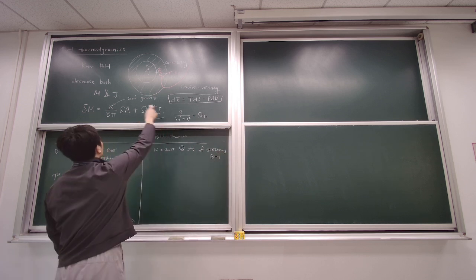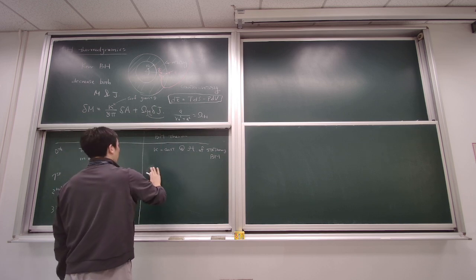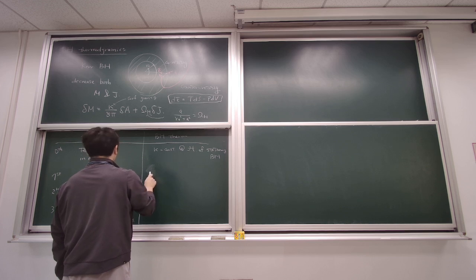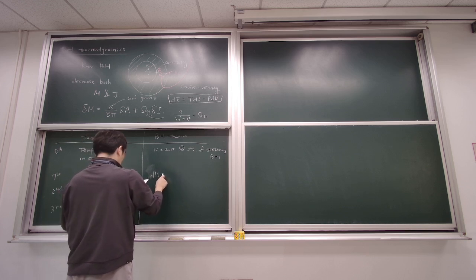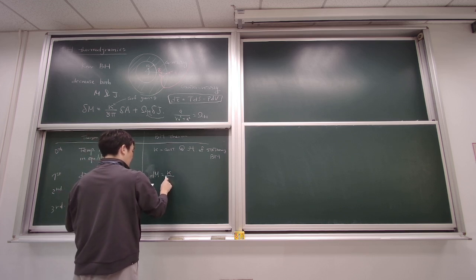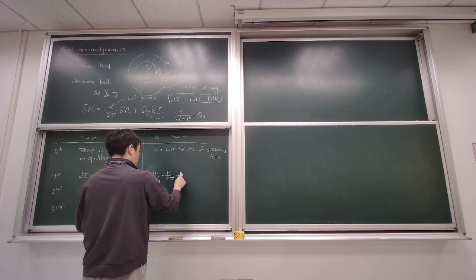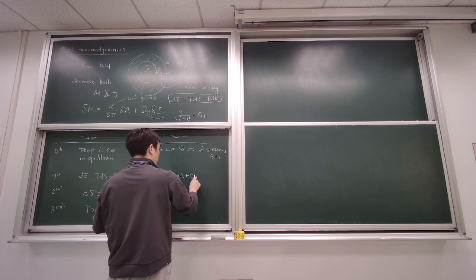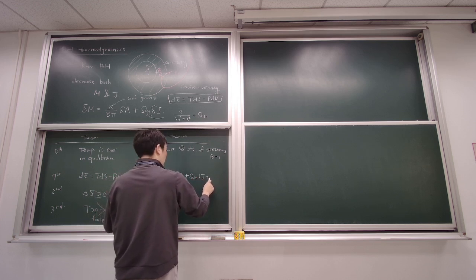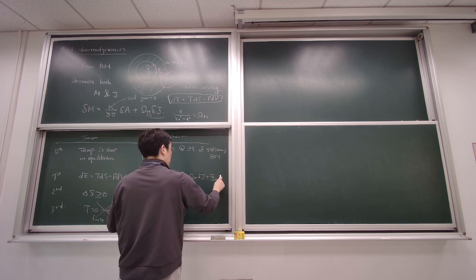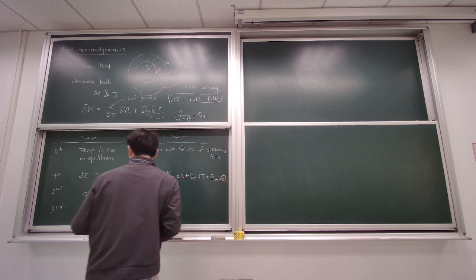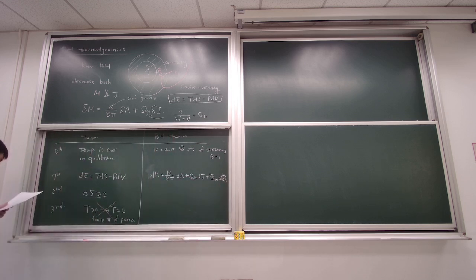The first law: dM is equal to kappa over 8 pi dA plus omega H dJ plus phi H dQ, where Q is the charge of the black hole.